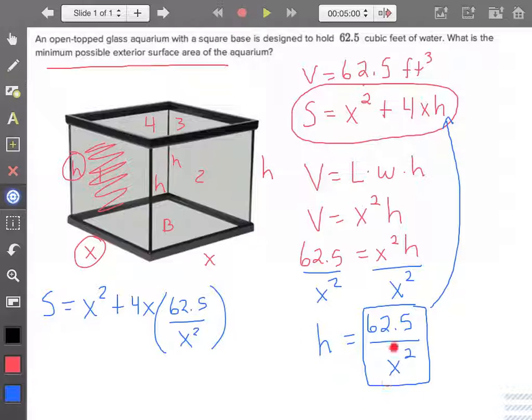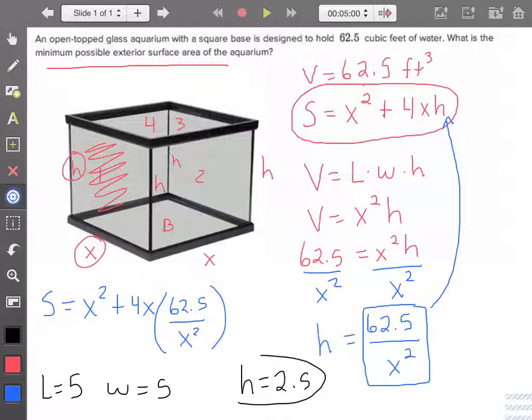All I'd have to do is plug 5 here. So what is 62.5 divided by 25? So my height is going to be 2.5. And so my dimensions are, my length is 5. My width is 5. And my height is 2.5.